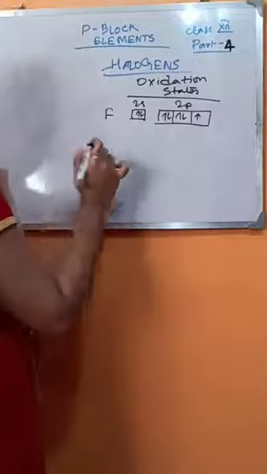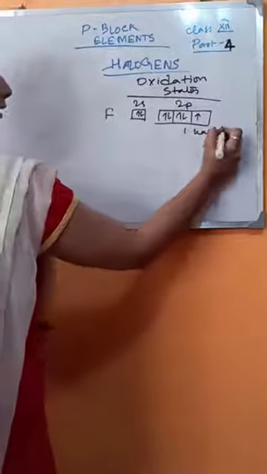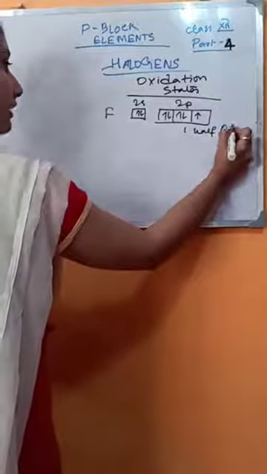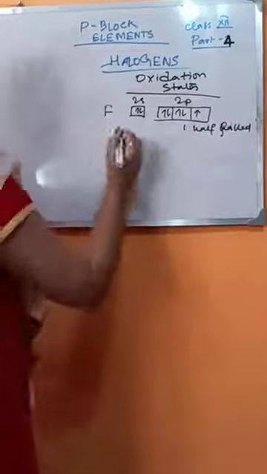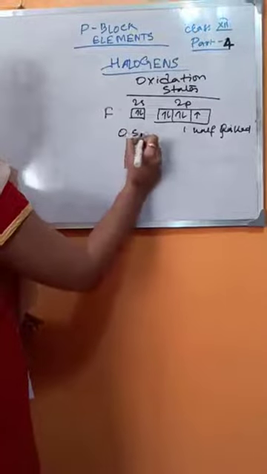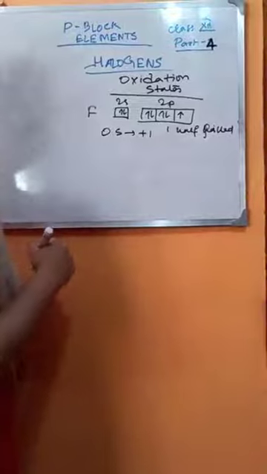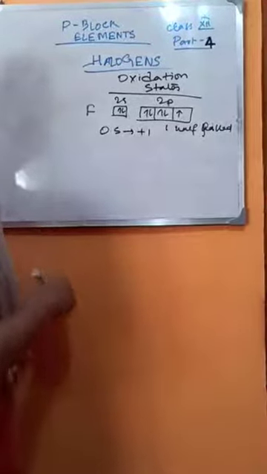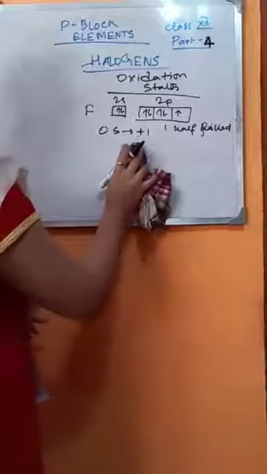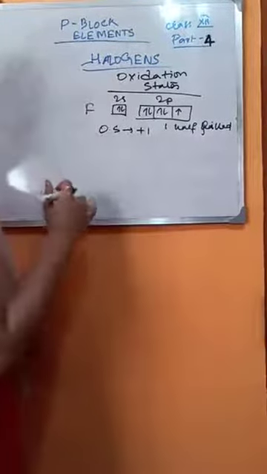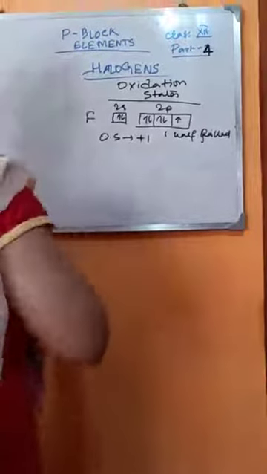So in fluorine there is only one half-filled orbital. So the oxidation state of fluorine is 1.